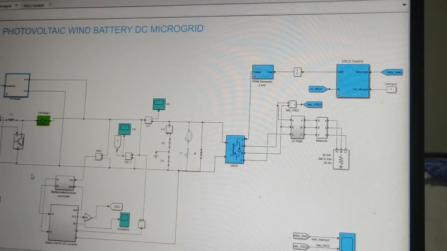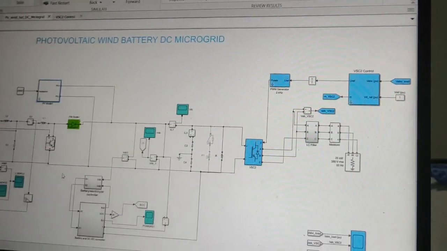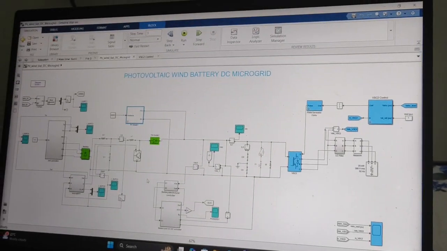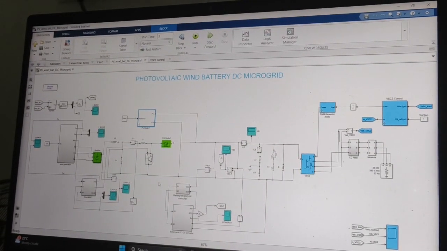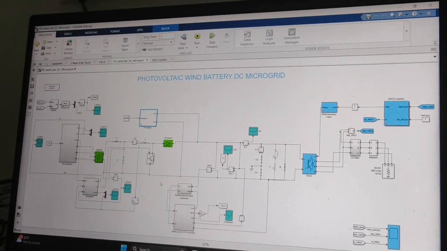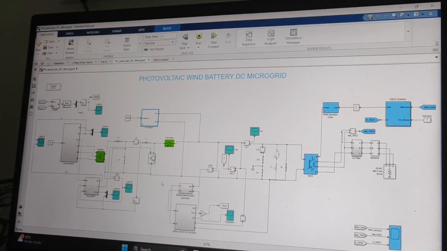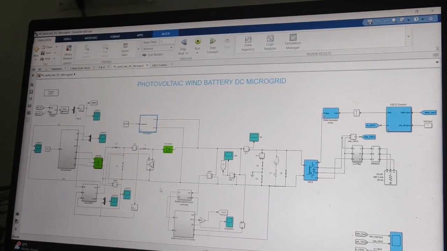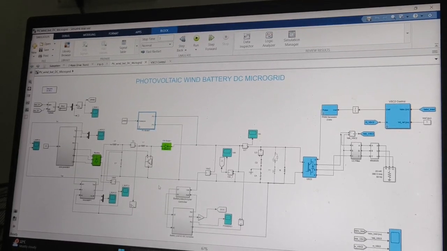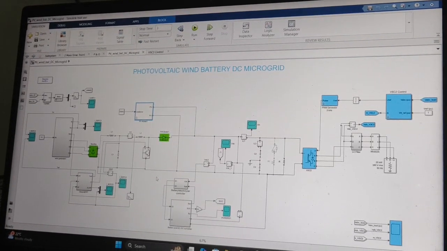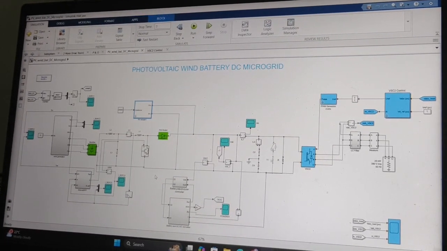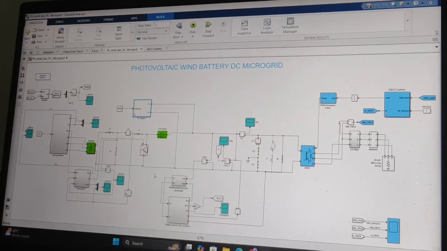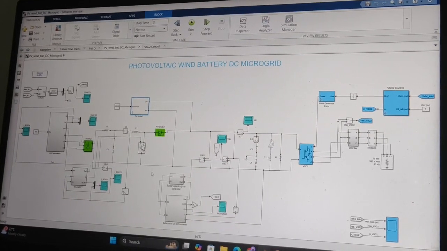From here, with the VSC controller we convert DC to AC, because we cannot use DC current for loads and other industries. So we convert the DC current to AC current using a VSC controller. From this we can give AC current directly to the mains or other lines, with a consistent flow of 700 volts.